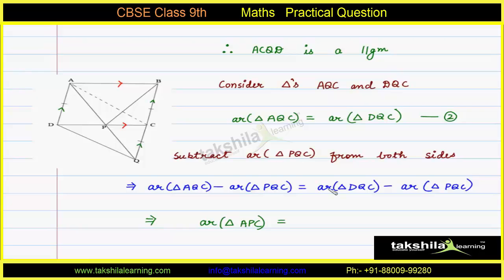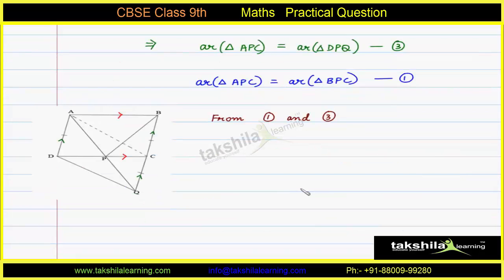On the right hand side, if from area of triangle DQC, that means this triangle here, we subtract area triangle PQC, then we will get area DPQ. This will be obtained. So here we can write area triangle DPQ, and this we can call as our third.